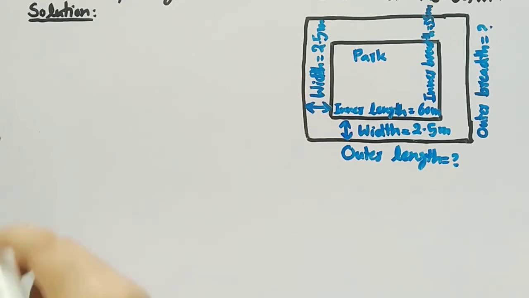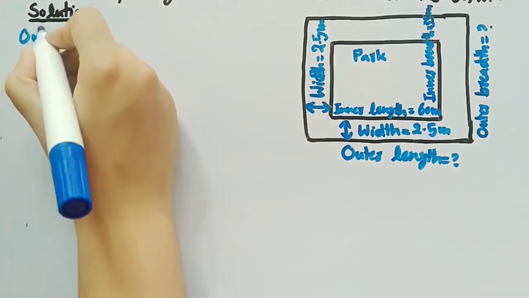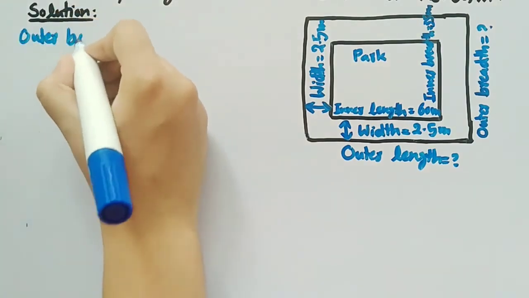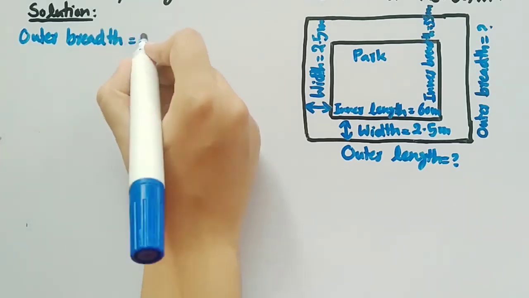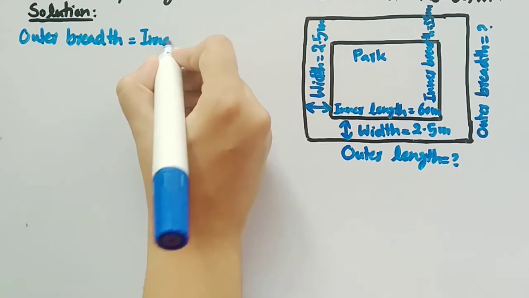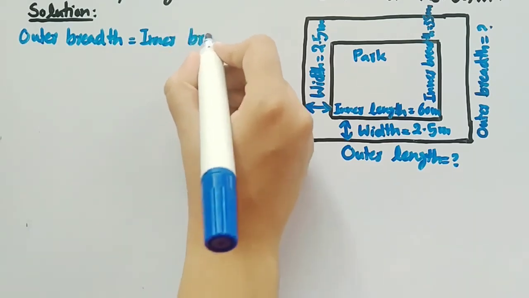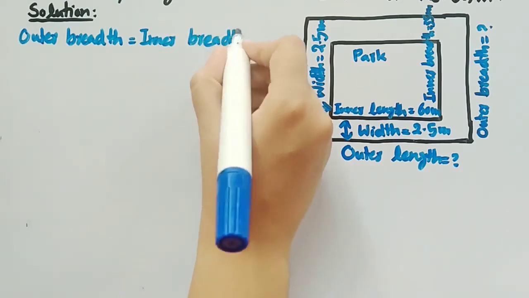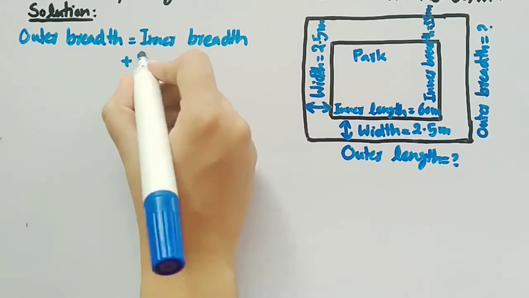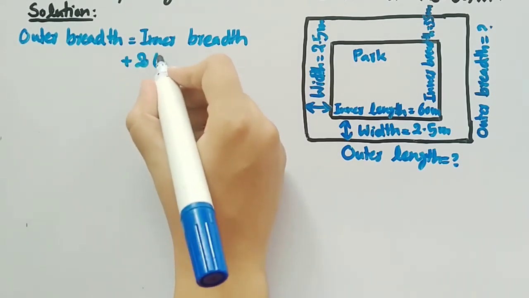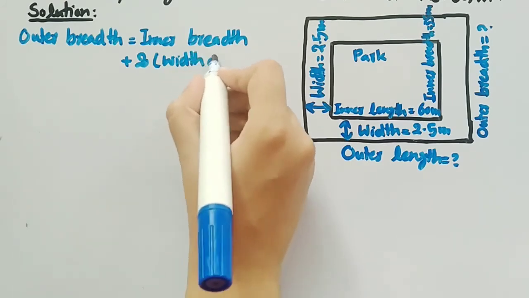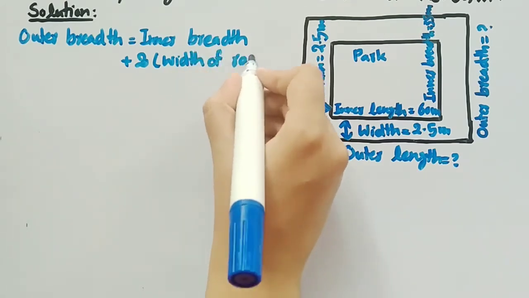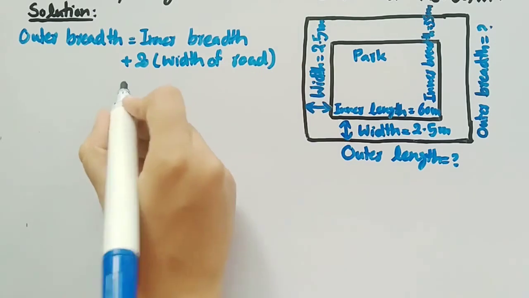Now we will find outer breadth, which is equal to inner breadth plus 2 times width of road. Now we will substitute the values.